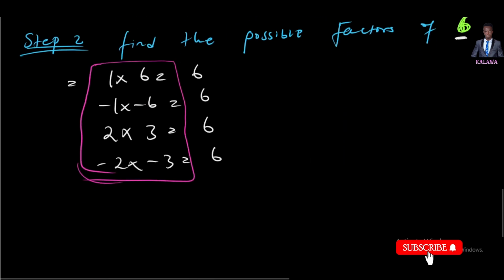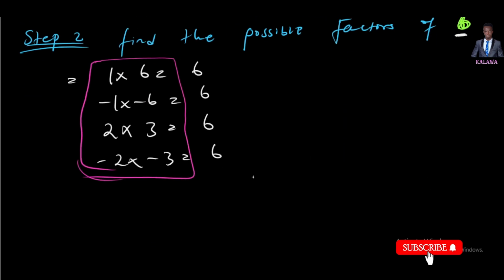Among these possible factors, which of these numbers can we add that can give us 5, and that same pair, when we multiply, can give us 6? Remember, we have already done the multiplication.